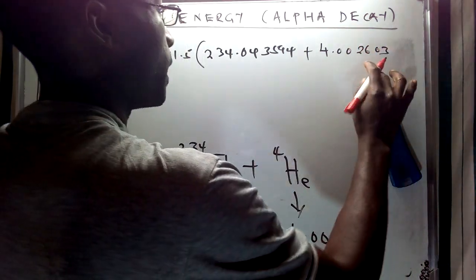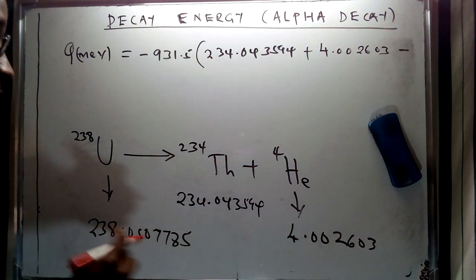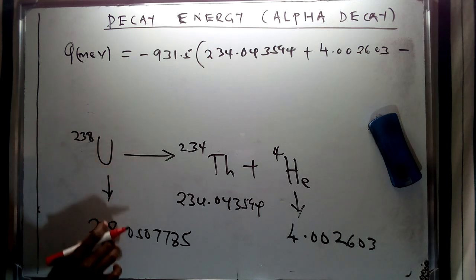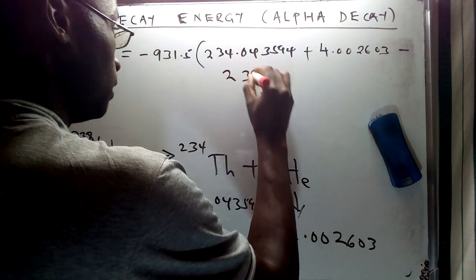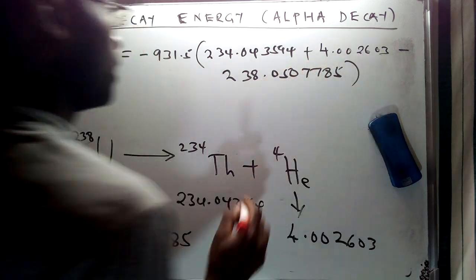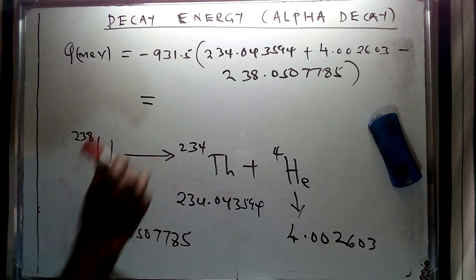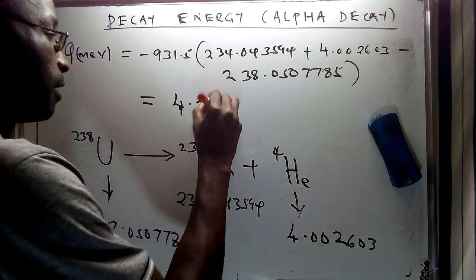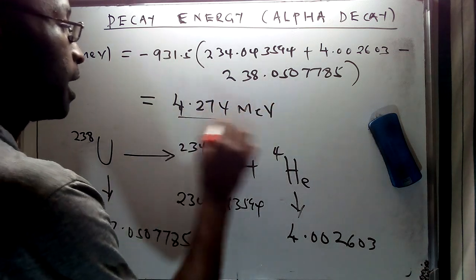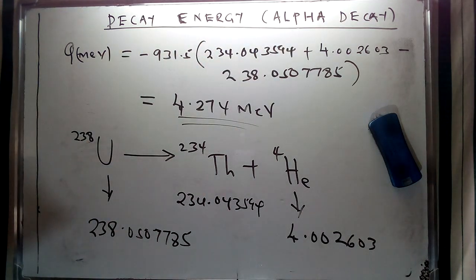So these are the products which are going to be formed, and then I'm going to subtract the mass of the reactants, which in this specific reaction is uranium-238, with its specific mass 238.0507785. So the difference gives me 4.27 mega electron volts as the Q value of the alpha decay in this specific case.